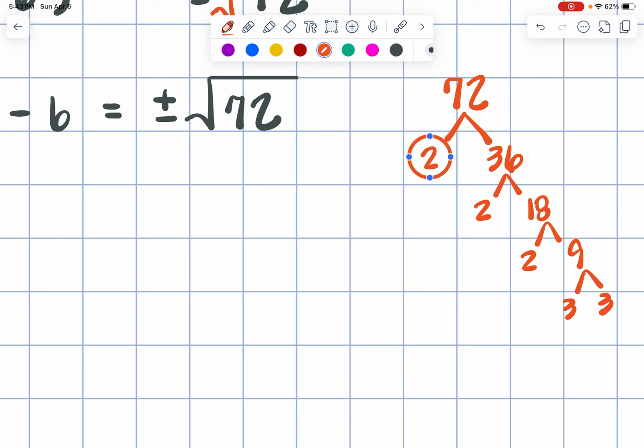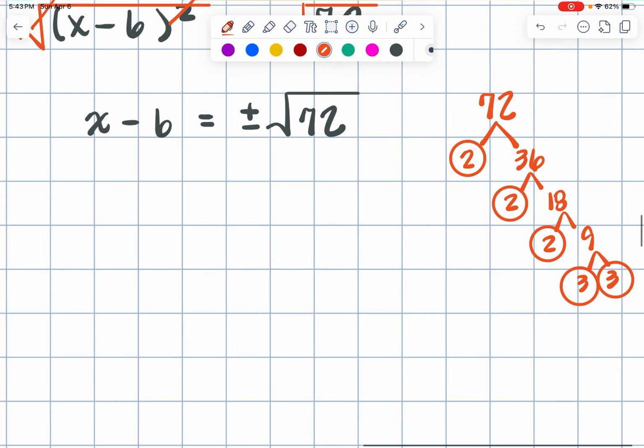And again, there's a little shortcut to this, so if you're really great at your squares, then you don't have to go all the way to the 2s and 3s. If you don't know what I'm talking about, then don't worry about it. So I'm going to take it all the way down to the primes, and I'm going to see what I have pairs of. It looks like I have a pair of 2s, so a 2 gets to come out, and I also have a pair of 3s.